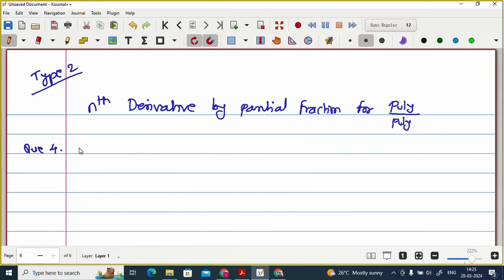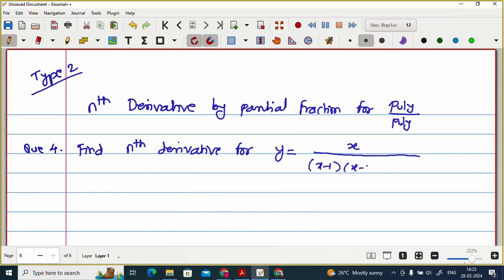Find the nth derivative for y equal to x upon x minus 1 into x minus 2. Okay, so what is y? We have y as a rational term, polynomial upon polynomial.